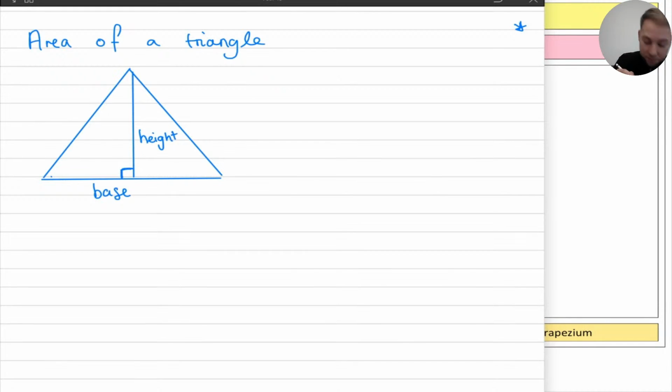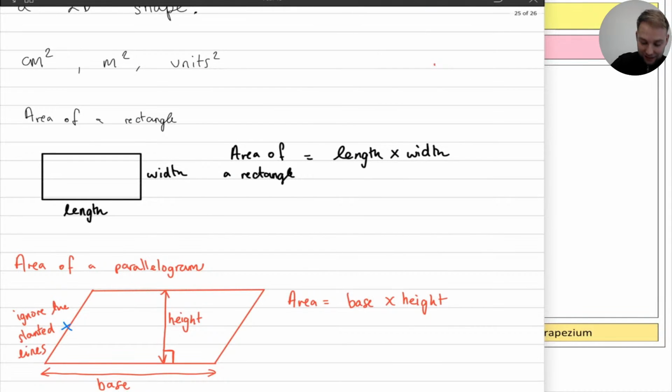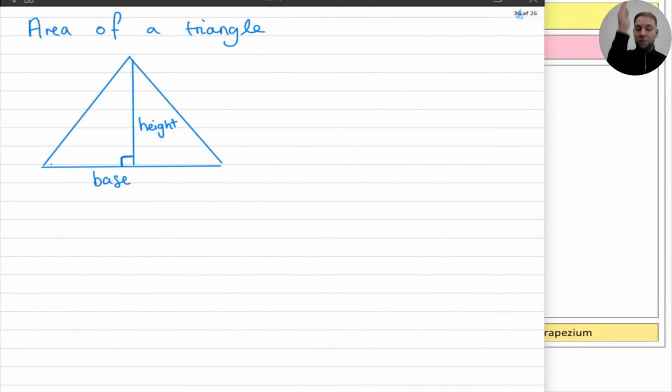And again, very similar to the parallelogram over here, we ignore the slanted lines. So it has to be the base and the perpendicular height. Now these need to be at right angles to each other. So we'd ignore the slanted line.